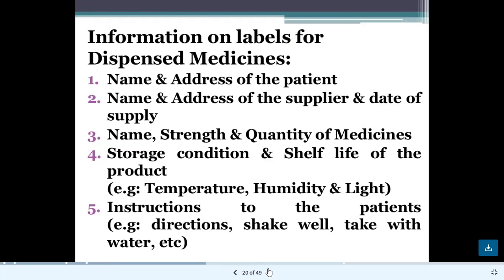Storage conditions, and shelf life of the product.